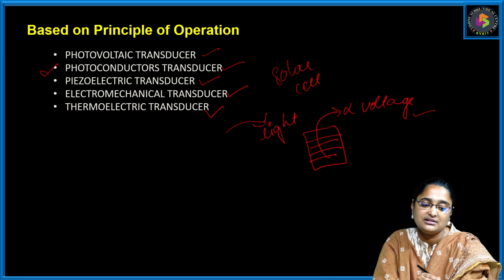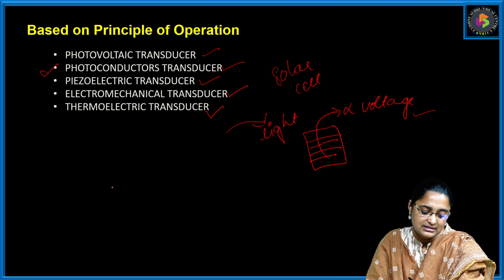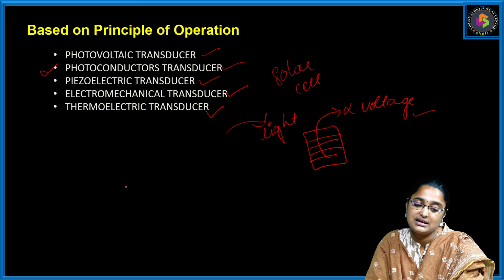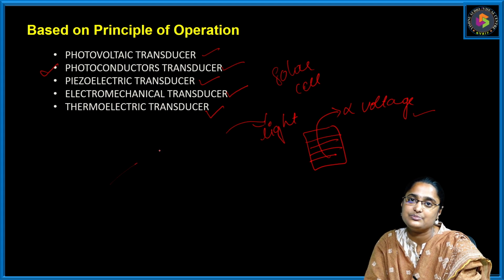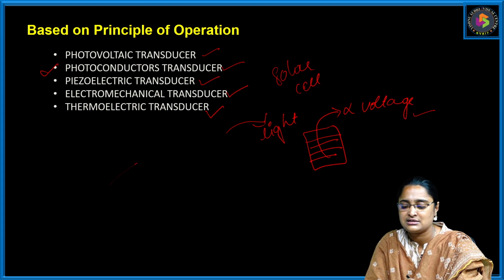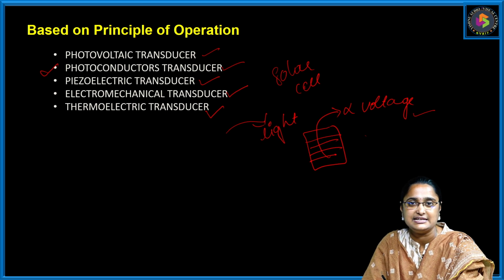Next we have photoconductors. The main difference between a photovoltaic cell and a photoconductor is that in photovoltaic cells, irrespective of the intensity applied, there is some change in the voltage obtained at the output. Whereas photoconductors, like photosensors and phototransistors we see in the lab, change their output based on the intensity that is given, right?